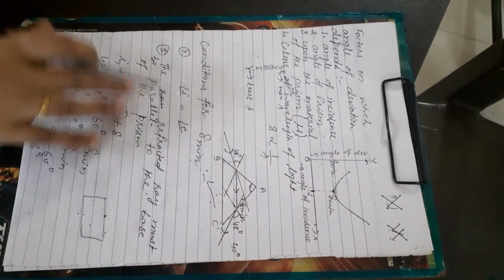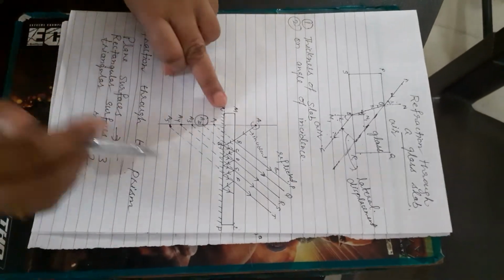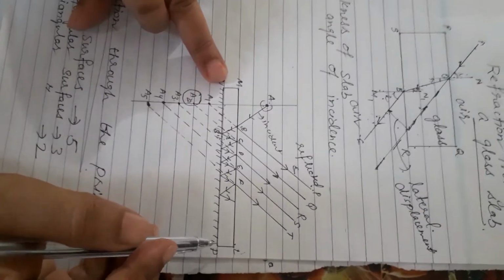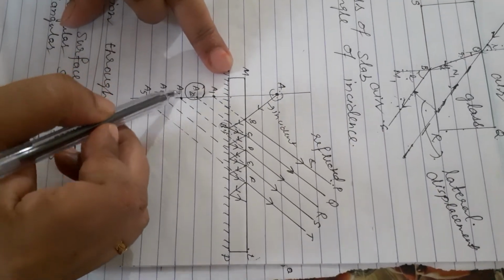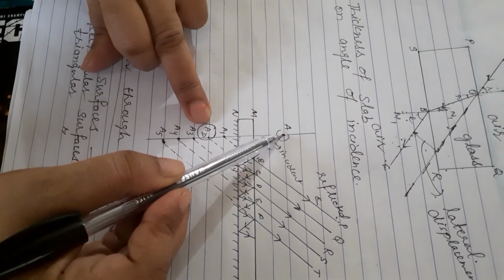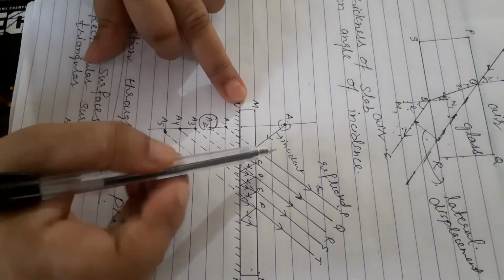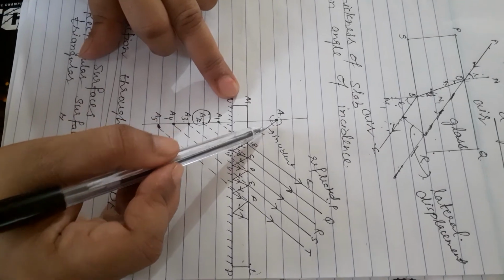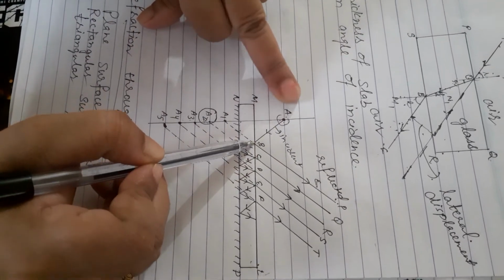Then, in the last video, one topic was there: when an object is kept in front of a thick glass plate, multiple images are formed, but the second image is the brightest. Suppose A is the object kept in front of this plate.